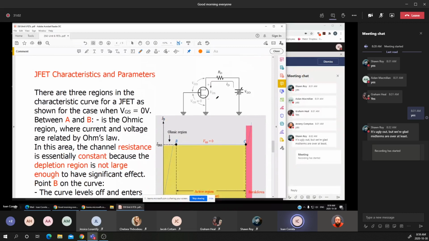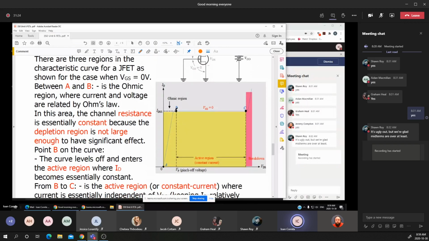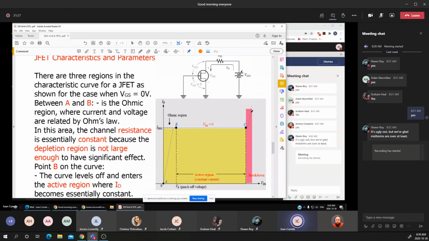Suppose that we have a basic circuit without applying any voltages on the gate. We are just slowly increasing the VDD, or the voltage that is applied on the drain. For small voltages, we have a straight line, meaning the voltage is too small to change the depletion region, so the FET operates in the ohmic region.